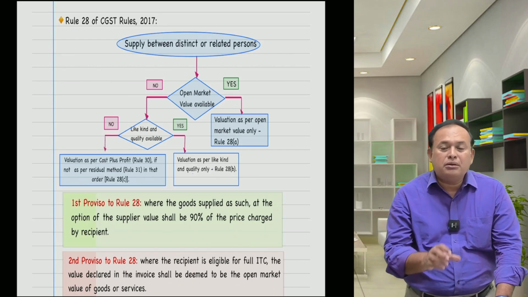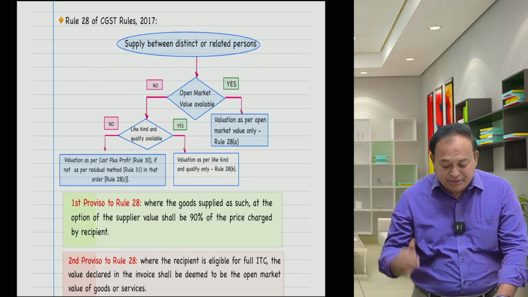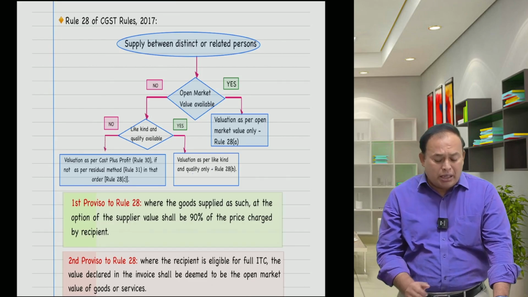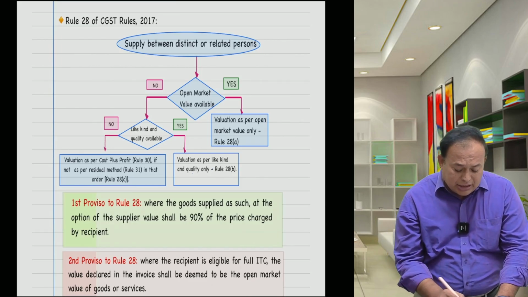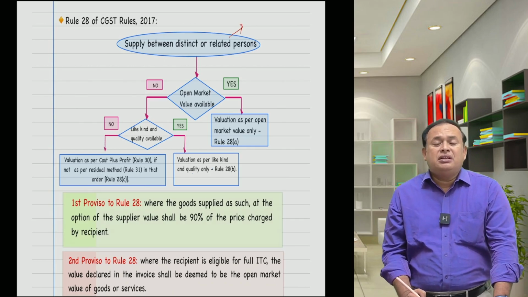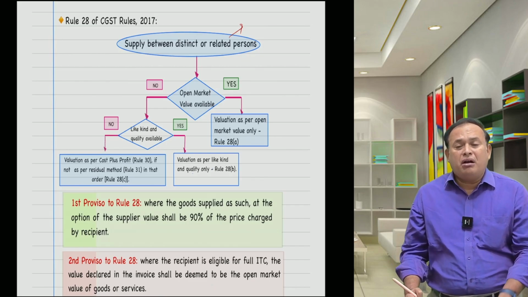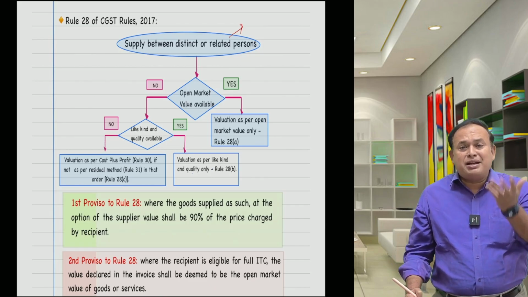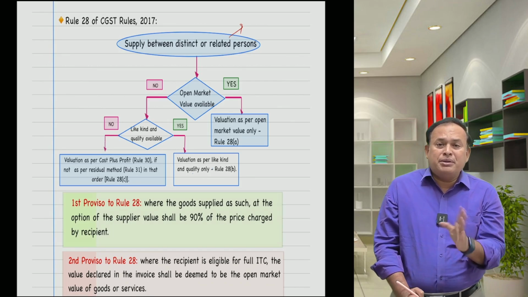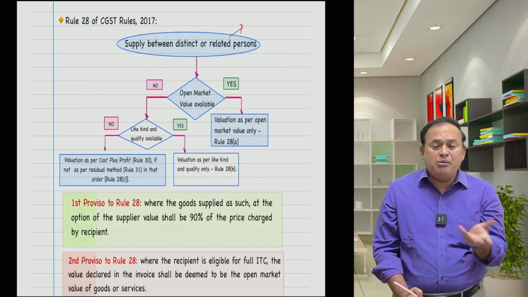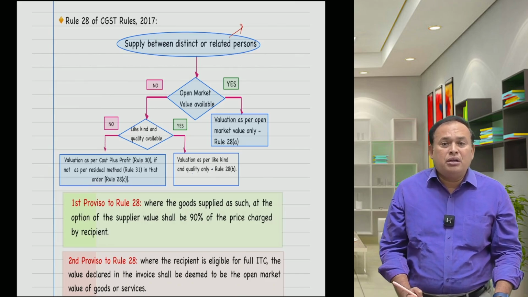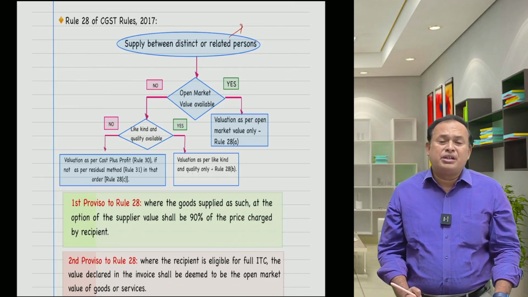As you are aware, head office and branch office having multiple registrations are related parties, related persons. Who are the related persons? You are aware of that. As per the explanation to Section 15, the directors of the company, employer and employee, partners of the partnership firm, family members as defined in Section 2, Section 49, namely spouse and their children.